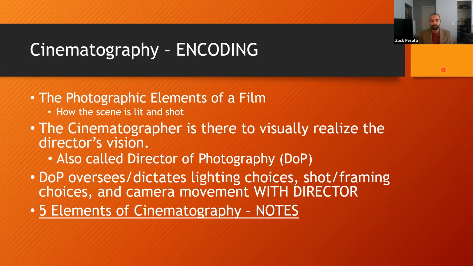Other directors only want to work with the actors and really mold a performance, and they leave a lot of the lighting and framing choices to the cinematographer. So it depends, but the director of photography oversees lighting choices, shot and framing choices, and camera movement with the director. For us, we'll keep in mind that the director is working closely with the cinematographer.